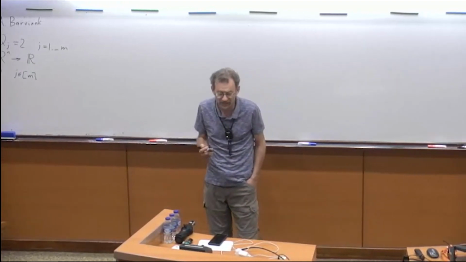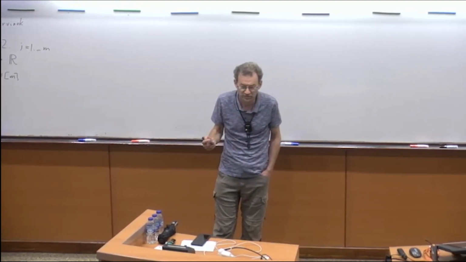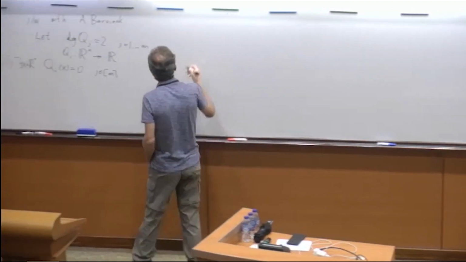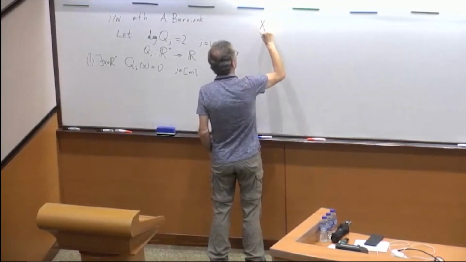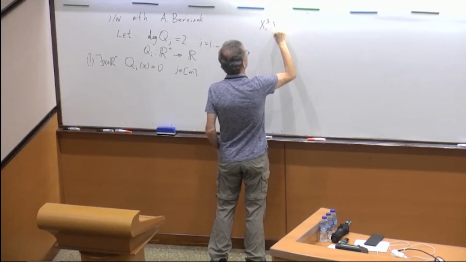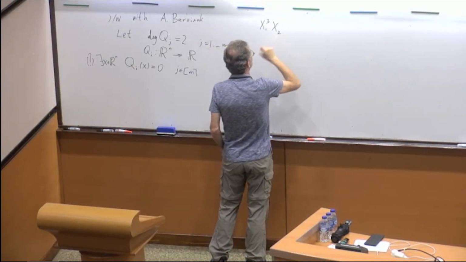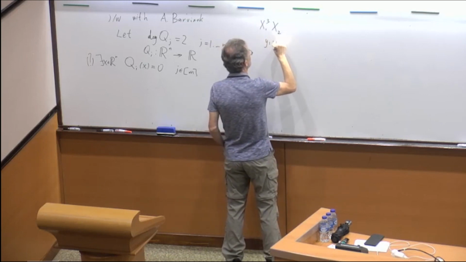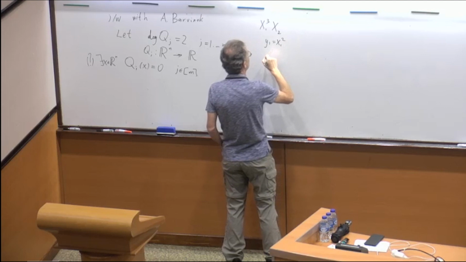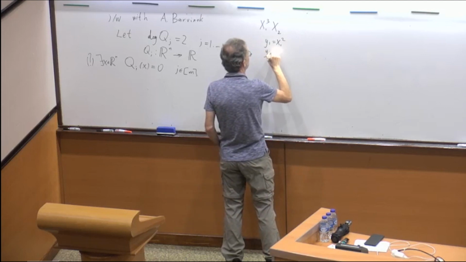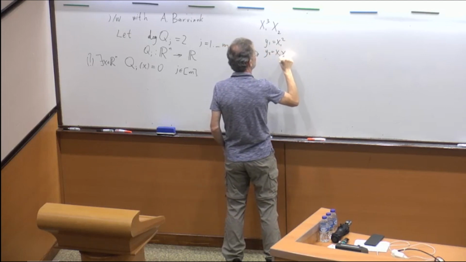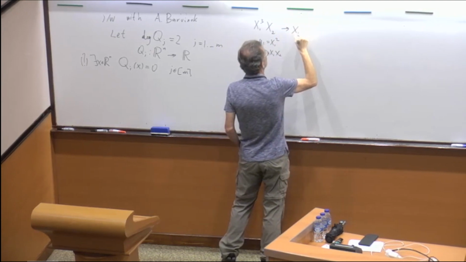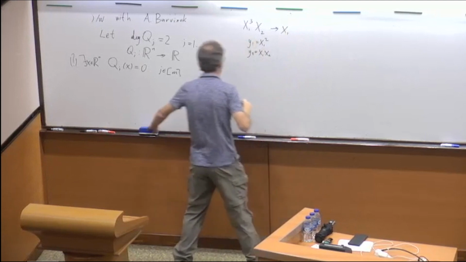And quadratic system is the next step of generality, but this is not the main reason. The main reason is that any polynomial system of reals can be reduced to the quadratic ones, which is very easy. For example, if you have a monomial x1 cubed x2, then you introduce a new variable y1, which is x1 squared, y2, which is x1 x2, and this becomes a second degree monomial, y1 y2.